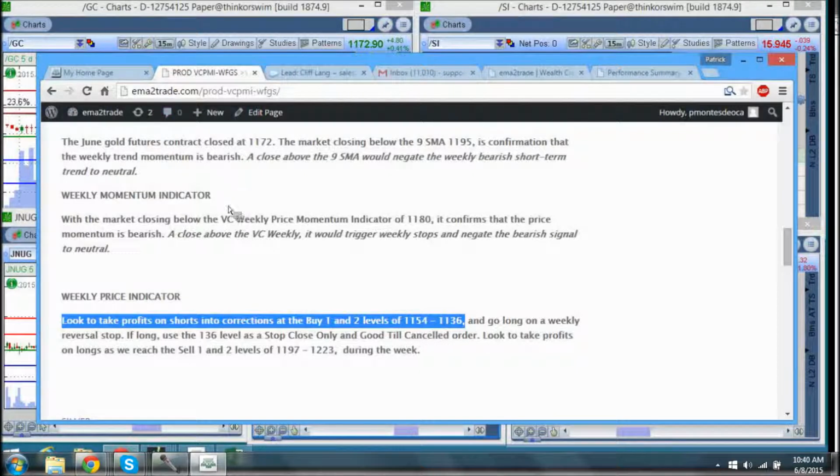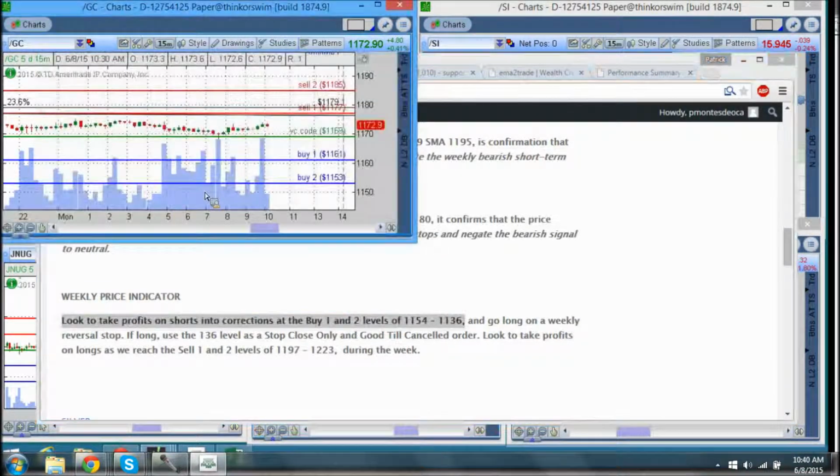Being that we are trading at about 1172, which is just under the weekly pivot, we are waiting basically for position trading for the B1, B2 levels to harmonically synchronize themselves at these levels of 1154 to 1136 on the weekly signals. The daily algorithms are telling you the buy one level is 1161 to 1153.